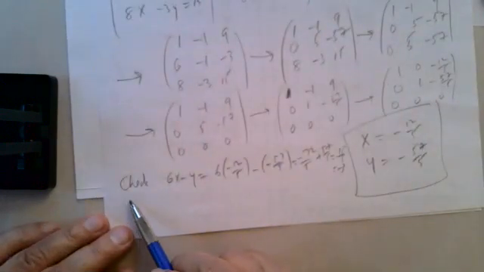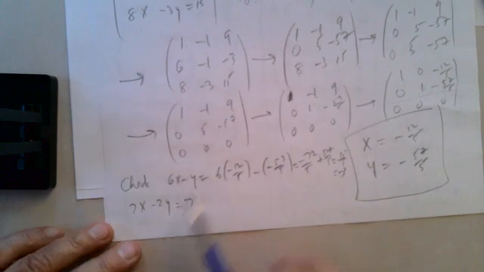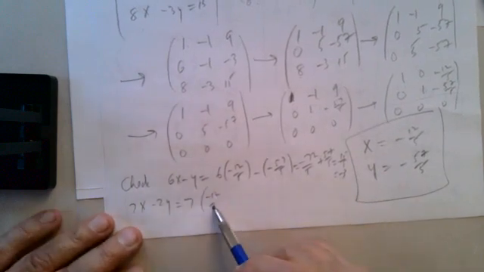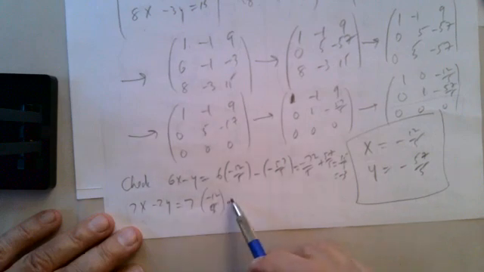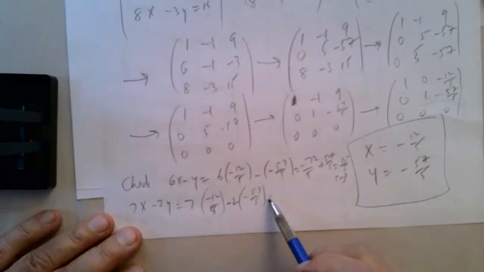The second equation, 7x minus 2y. That's 7 times minus 12 over 5 minus 2 times minus 57 over 5.